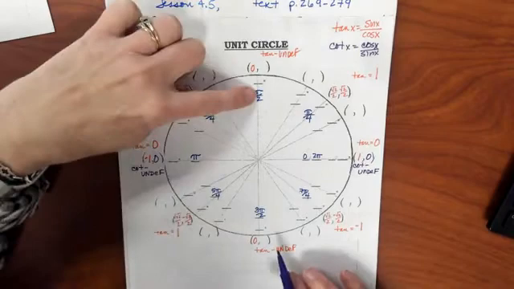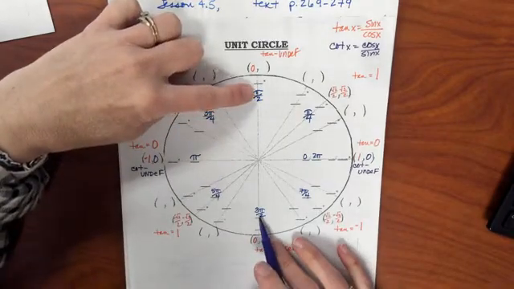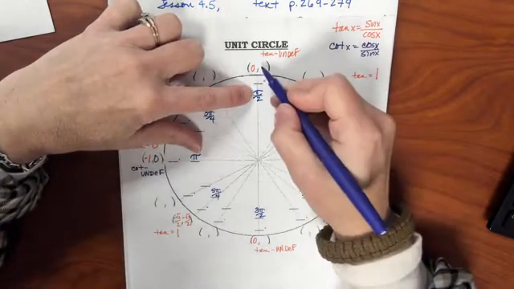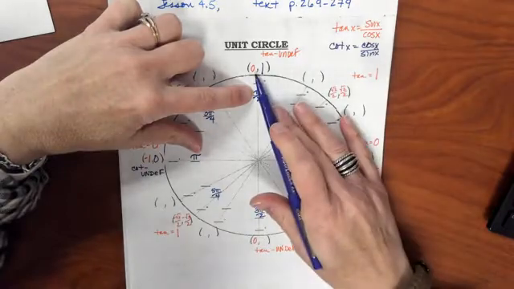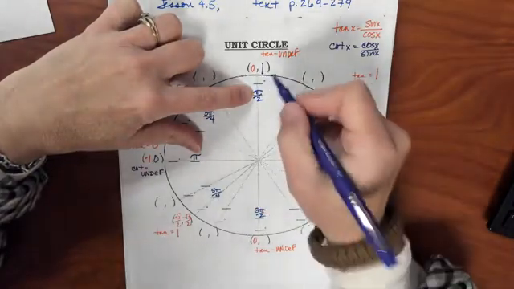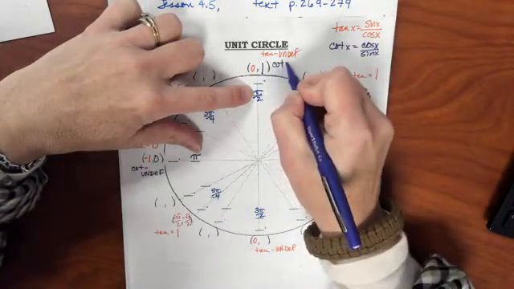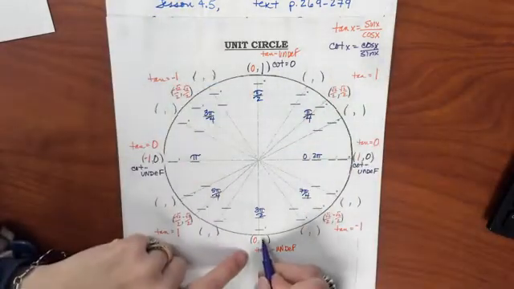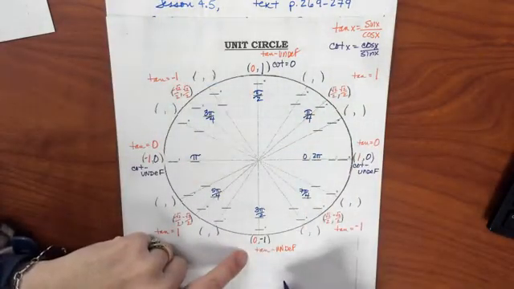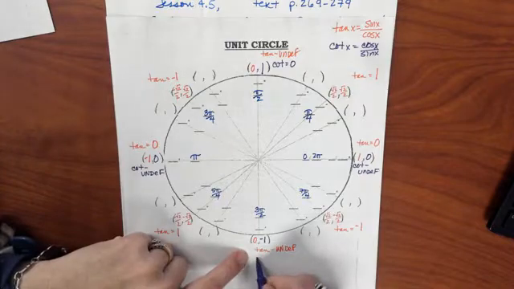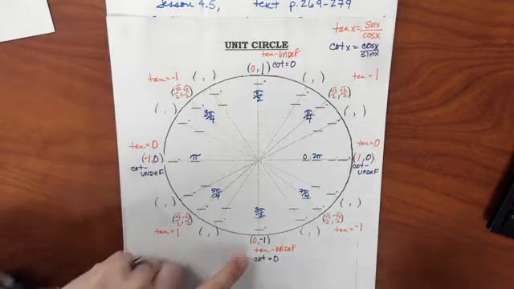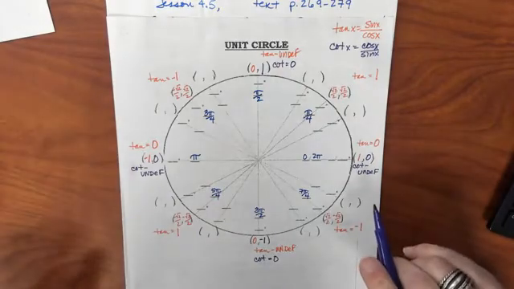But here at 3 pi over 2 or pi over 2, this would be 0 over 1, which would equal 0, so the cotangent is 0. And here you would have 0 over negative 1, which is also 0.